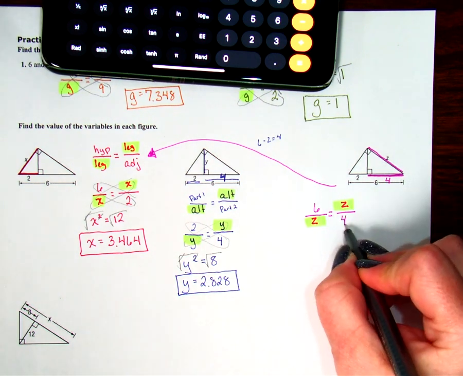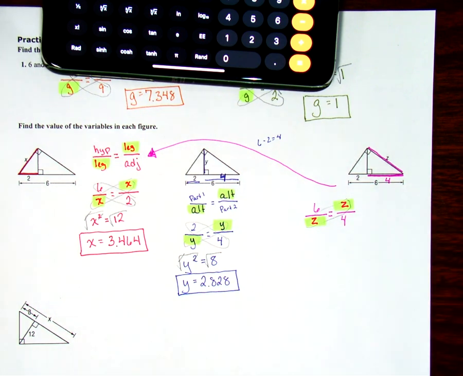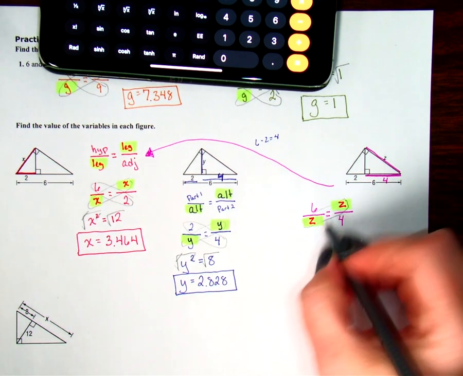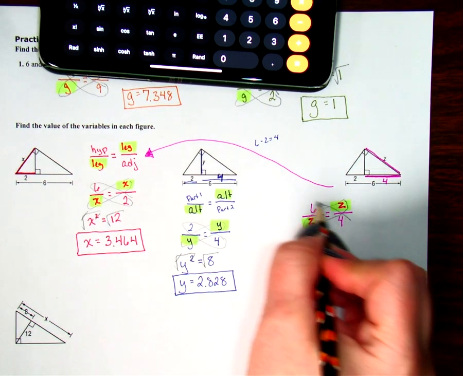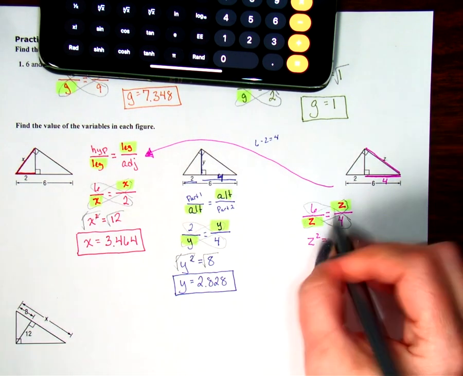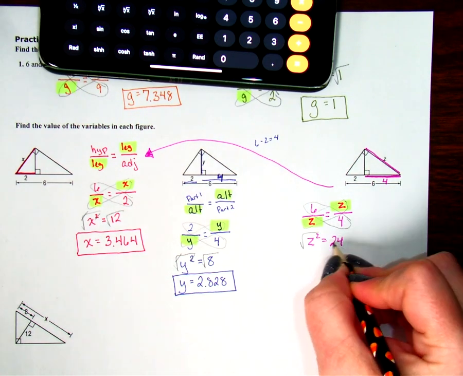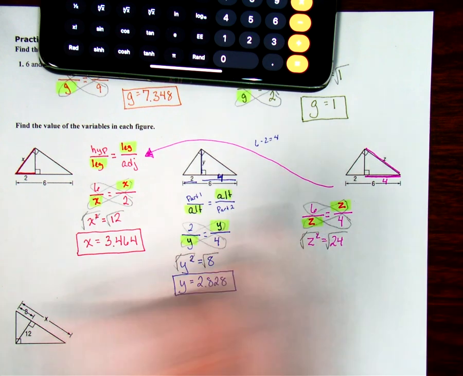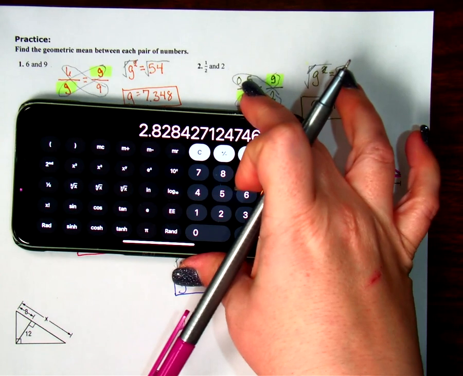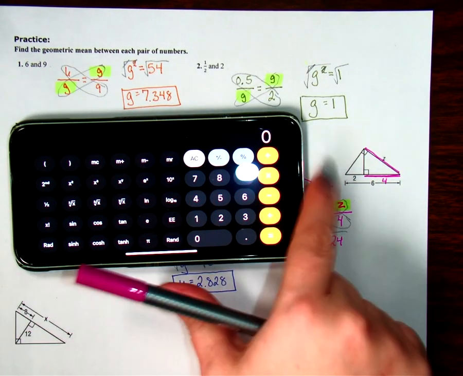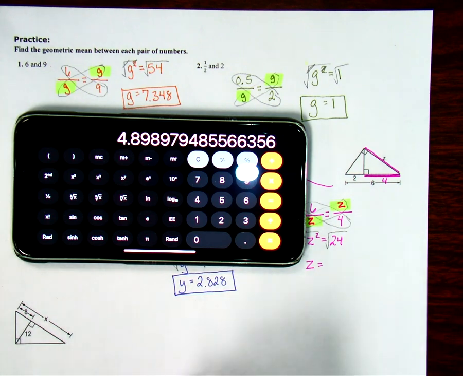And now I can cross multiply to find Z. Z times Z is Z squared. And 6 times 4 is 24. And all that's left to do is square root, because square roots and squares cancel, and I just have Z equals the square root of 24. So 24, clear out what I had there, 24 square root, round to 3 places.